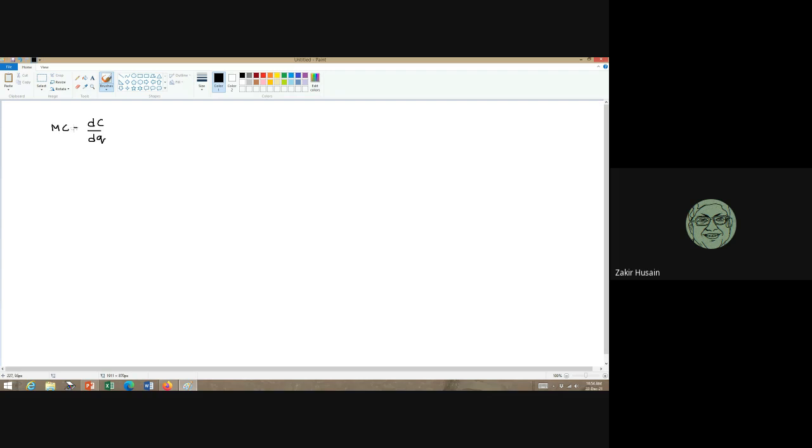This is marginal cost. Output is changing when cost is changing. Now suppose your function is like this. Okay. So in that case, why has Q changed?